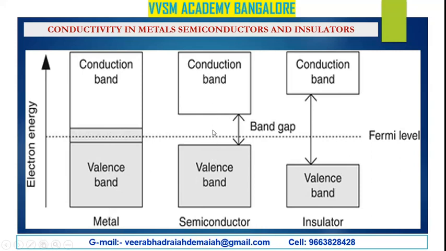Suppose the band gap between the conduction band and valence band is more, then it comes to the semiconductors. In the case of insulators, the band gap is still larger.